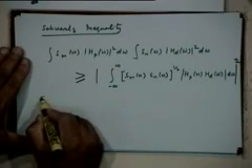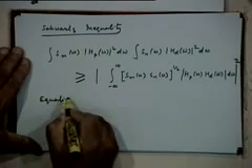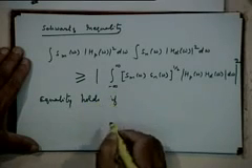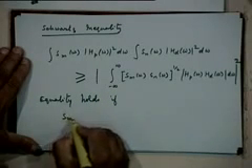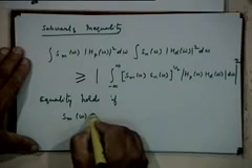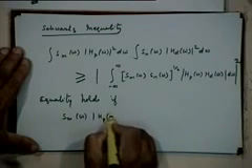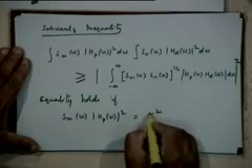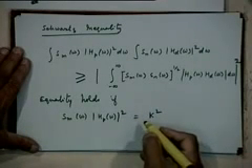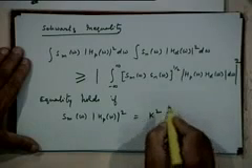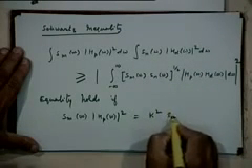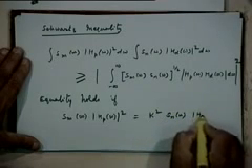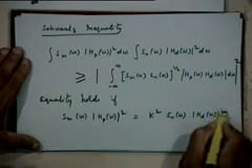So equality holds if this is some constant times, I am denoting the constant by k square, the other integrand, Sn(ω) into |Hd(ω)| square.